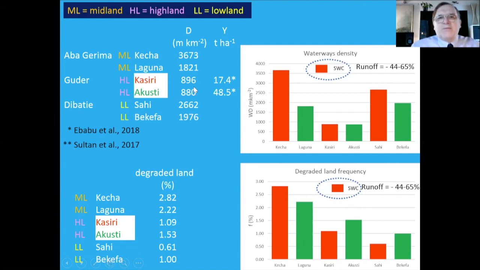In the case of Gully, drainage density is more or less the same, but the situation is very different if we consider degraded land, and especially if we consider, as we have seen in the previous slide, that there are many landslides, so they can contribute to raise the quantity of sediment delivered to the rivers.